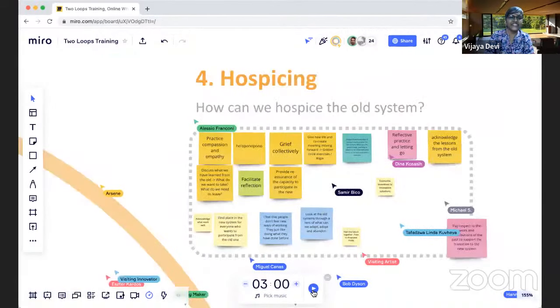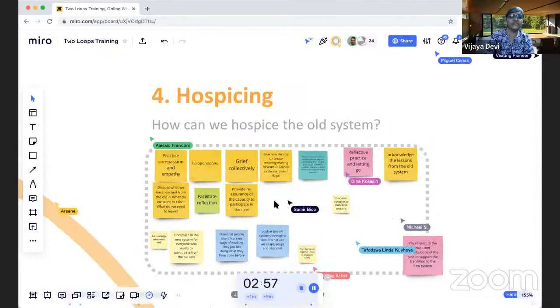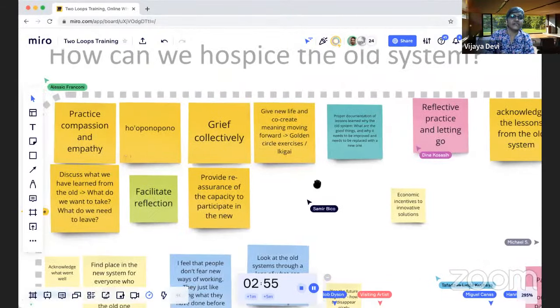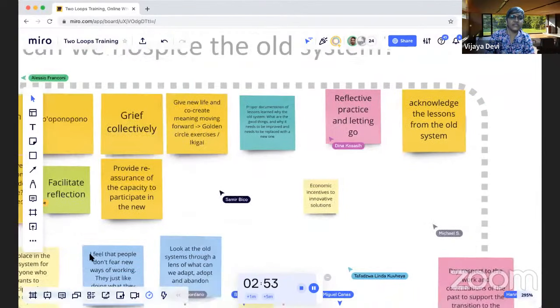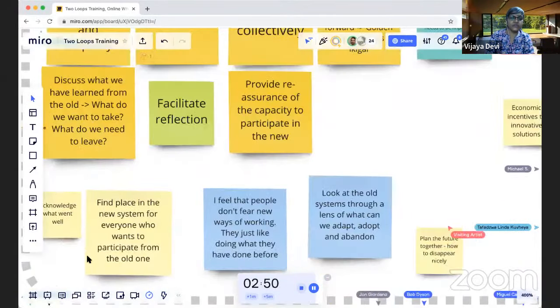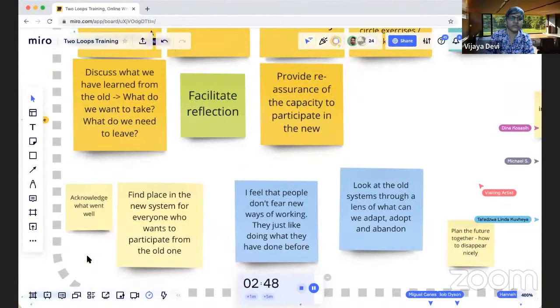Okay, acknowledge what went well. Okay, find place in the new system for everyone who wants to participate from the old one. Yep. Reflective practice and letting go.